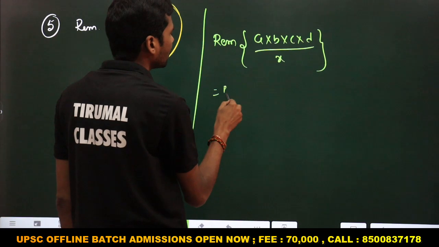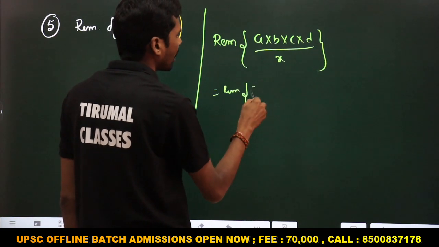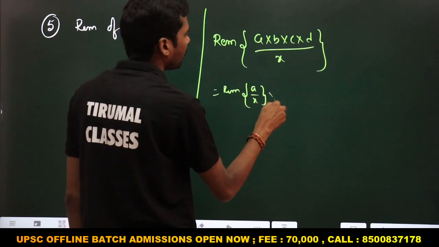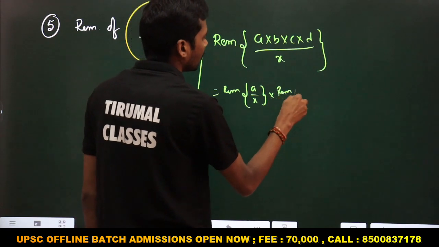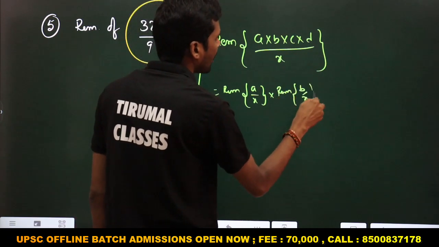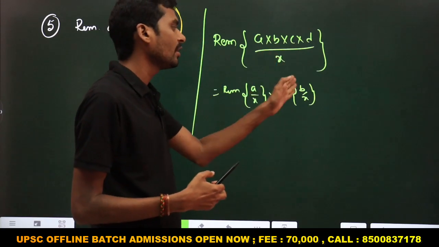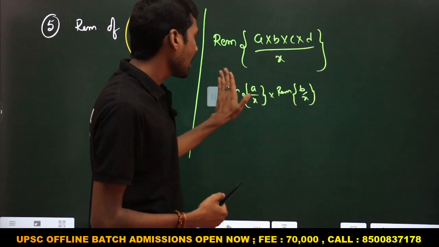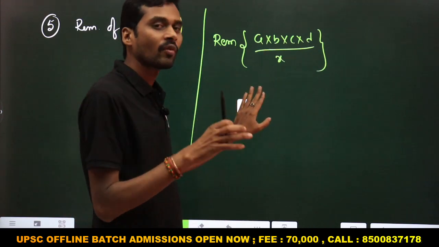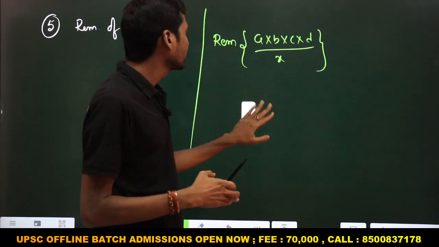I already told you that you can split it: remainder of a by x into remainder of b by x into remainder of c by x. Likewise we can split the complete number into different segments. We saw that in the previous class, the basic fundamental rules of remainders.